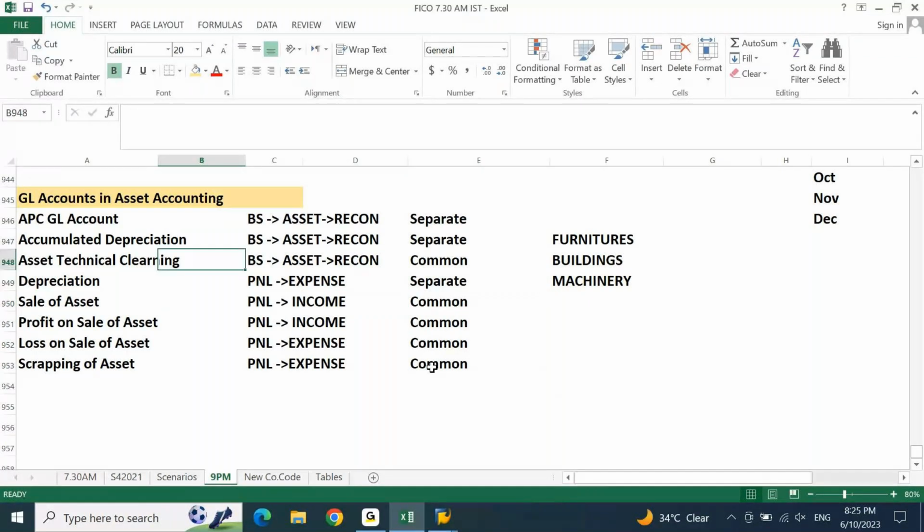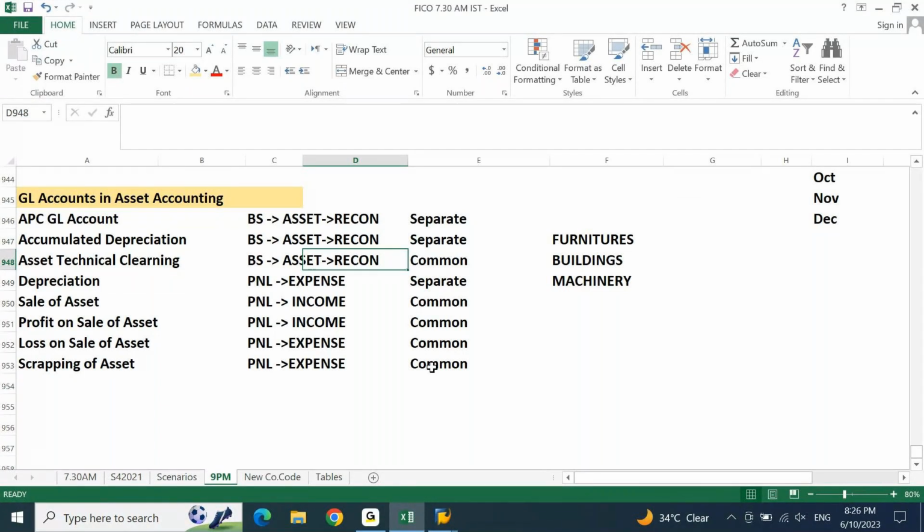We're just creating it under balance sheet, but you can create it under balance sheet either asset or liability, or under the GL account group we have created for technical accounts, takeover accounts. In short, the core point is it has to be a balance sheet account and a reconciliation account. Whether you want to take it under asset or liability is your choice.